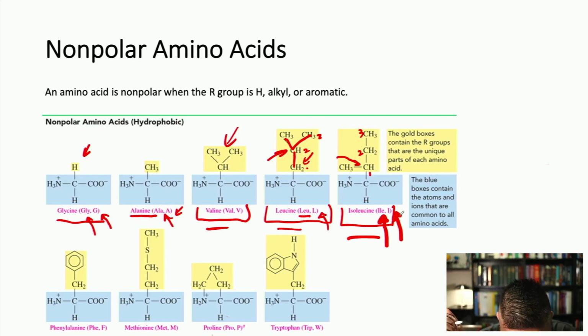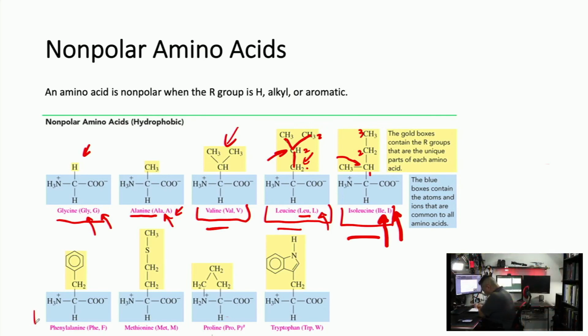Let's see here. Next, we have phenylalanine, which is actually my favorite amino acid. I know that's kind of nerdy to have a favorite amino acid, but this is my favorite. If I ever have a bonus question and I ask you what's my favorite amino acid, it's phenylalanine.